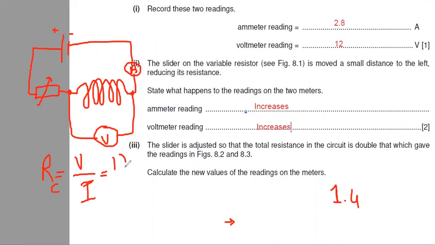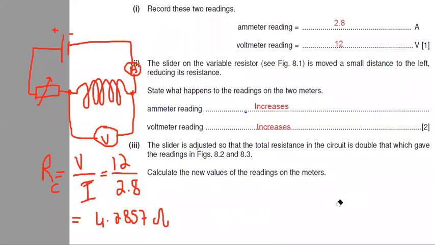The voltage was 12 and the current was 2.8, so the resistance of the coil is 4.2857 ohms. Which means I could write here R_C equals 4.2857.